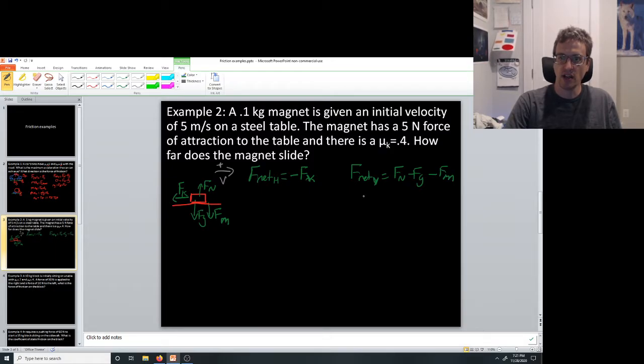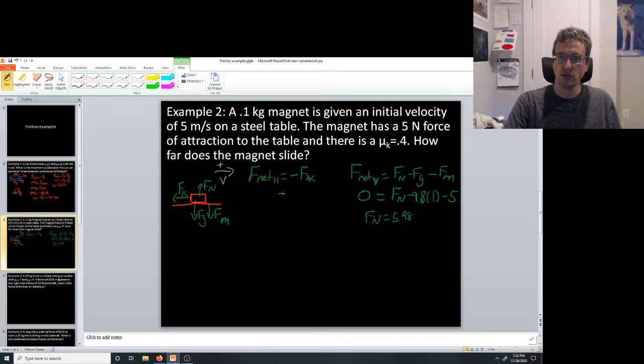The magnet's still not moving vertically, so 0 is equal to Fn minus 9.8 times 0.1 minus 5, which means Fn is equal to 5.98.